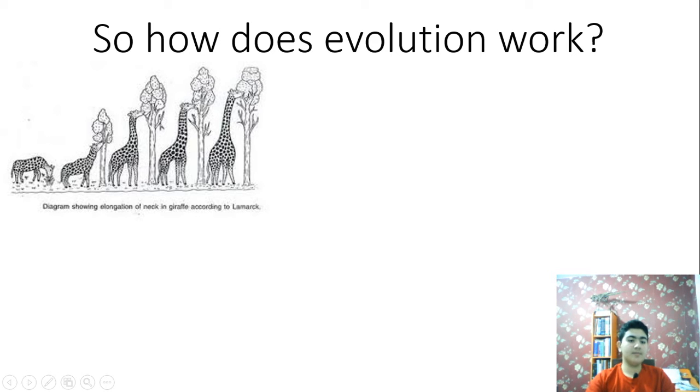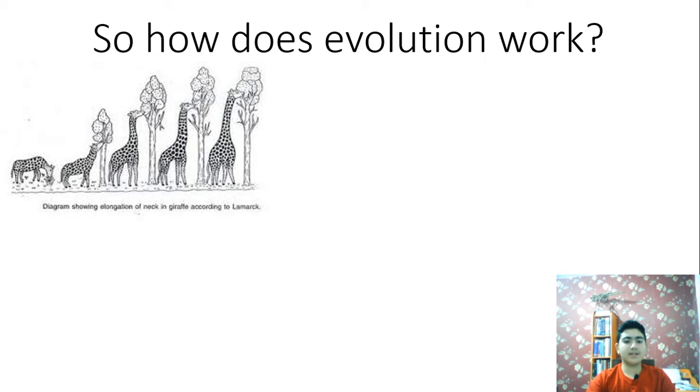For example, the long neck of a giraffe, from the theory of Lamarck, is that these giraffes once had little necks and used to eat grass from the ground, but they evolved to eat leaves from the tall trees, and it was even better to have longer necks to eat leaves that other giraffes can't reach.